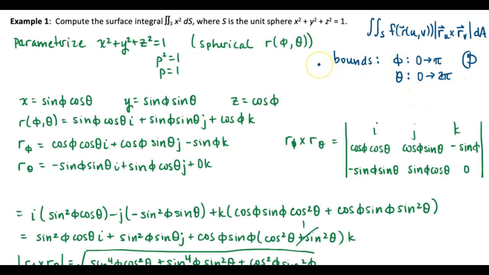Now let's put all of this together. If we want to find this, let's rewrite this integral. We said that our theta and our phi go from 0 to 2 pi and from 0 to pi.